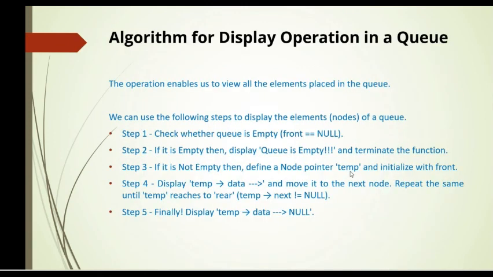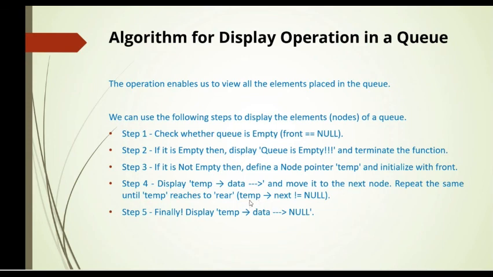Now we will see the algorithm for the display operation. What the display operation basically does is that it will return you all the elements in the queue. At first, we would check if the queue is empty or not. If it is empty, we cannot print any elements. So now, if it is not empty, we would create a temporary variable and access all the nodes present in the queue.